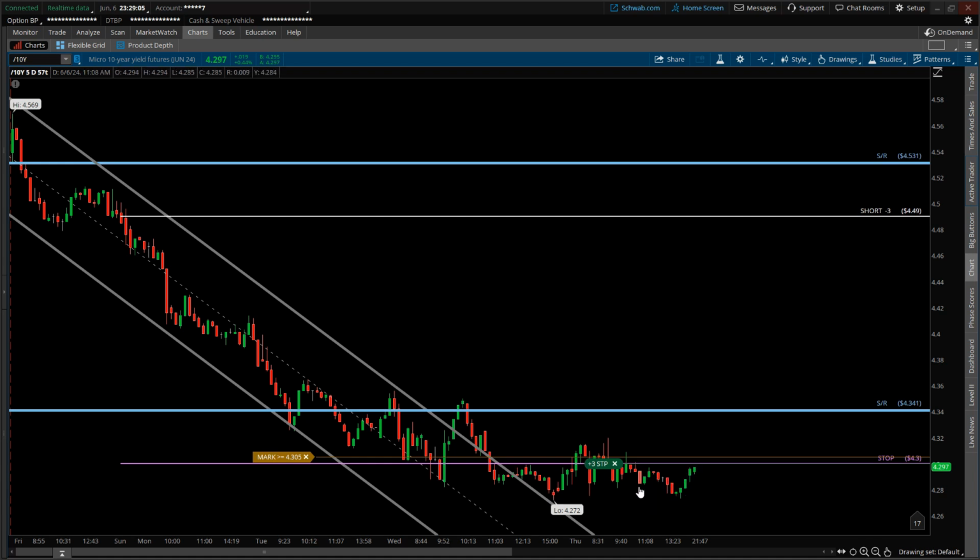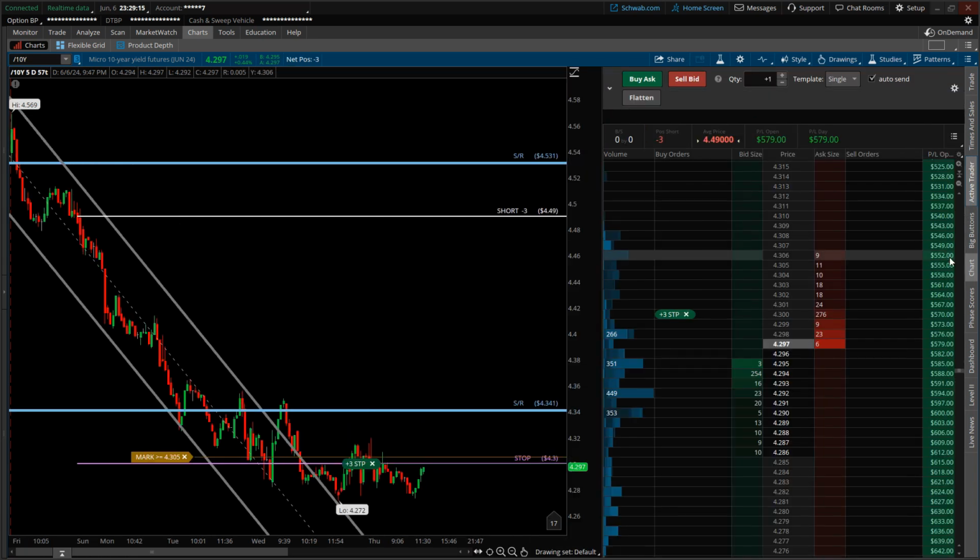If this happens to be the low point before price does come up to retest this resistance level sitting at 4.341. So if I open up active trader, the stop order is sitting here at 4.3, which is a $570 take profit.